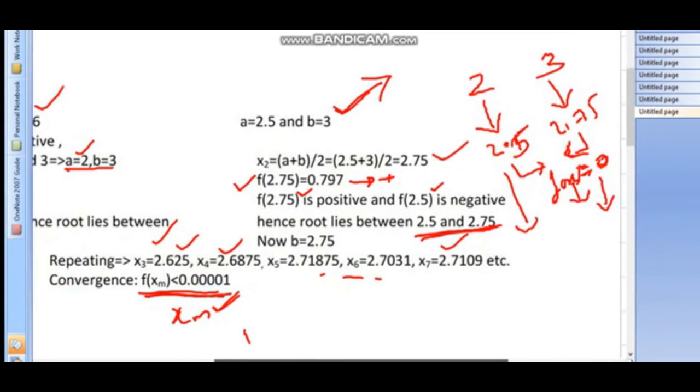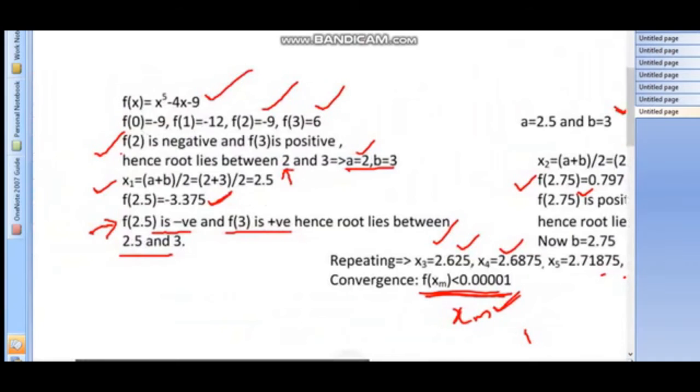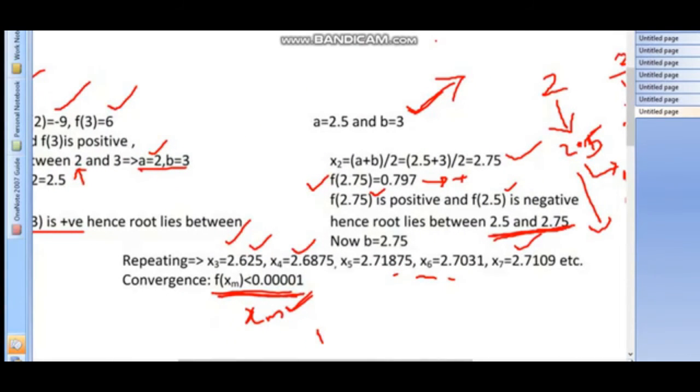I hope you understood this concept. In each case you have to substitute the values x3, x4, x5, x6, all those values, into your function f of x and calculate the value. When you get an f of x value which is less than 0.00001, which means it is almost equal to 0, that corresponding x value, whether x7 or x6, will be your solution.